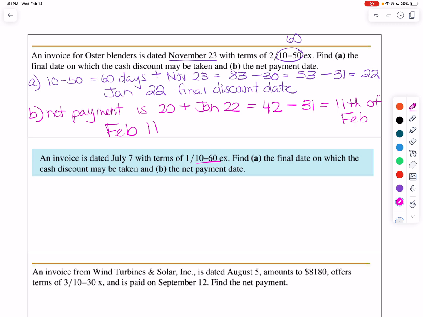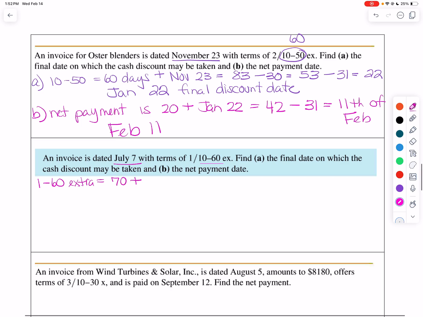So this one is 10 plus 60 extra, which is 70, plus July 7th. So that is 77. We take out the 31 days in July. That leaves me with 46.